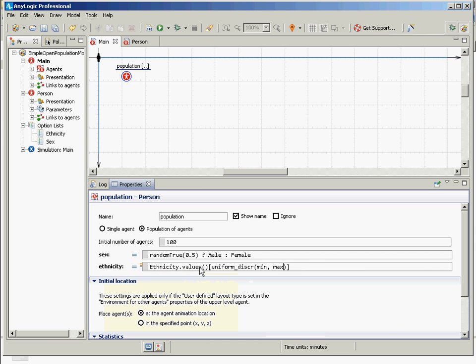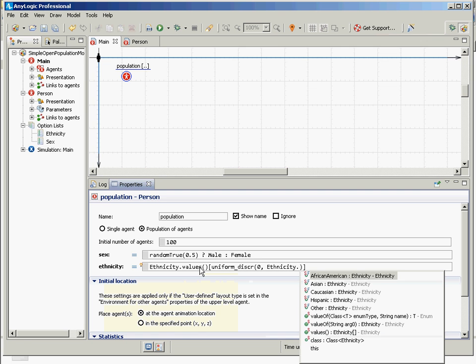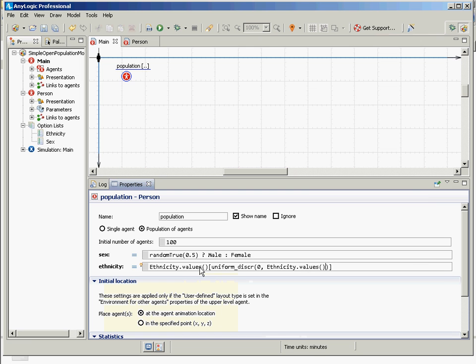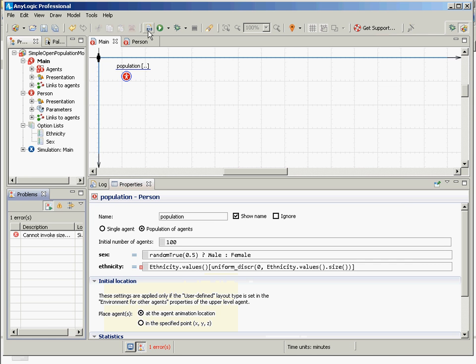It's going to be between 0 and the number of items in that ethnicity. Unfortunately, we have 5 of them, so it'd be between 0 and 4. But more generally, I could say between 0.value.value.size, and this will actually look it up. Now this is quite a mouthful.